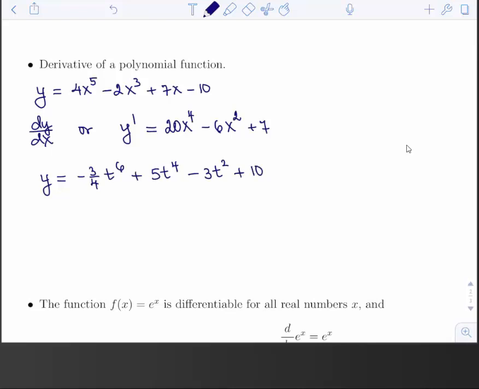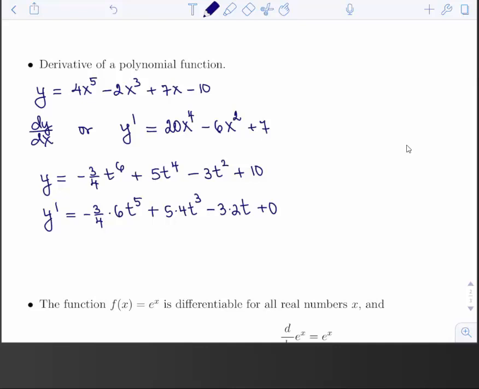I have a 6-degree polynomial in terms of t. The rules don't change. It's just a variable. So what is this? Negative 3 over 4 times 6t to the 5th plus 5 times 4t cubed minus 3 times 2t to the first power, and the derivative of 10 is 0.